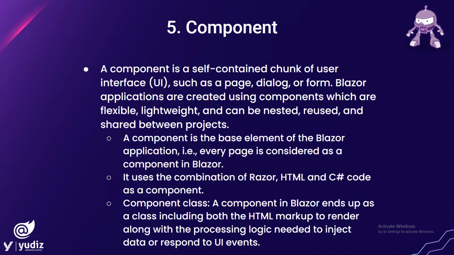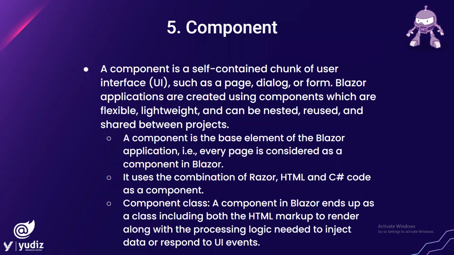So a component is user interface with a page, dialog, or form like that. A component is the base element of the Blazor application. Every page is considered a component in Blazor. It uses a combination of Razor HTML and C# code as a component.